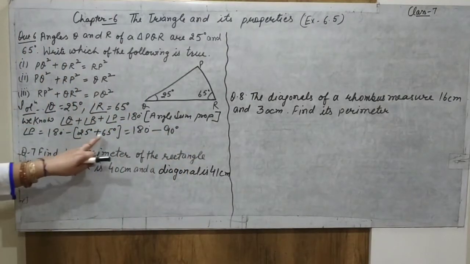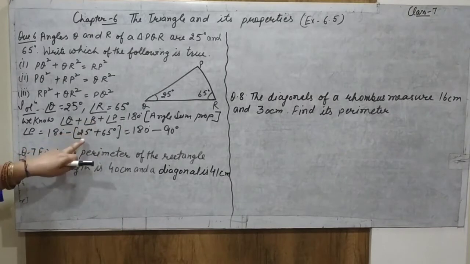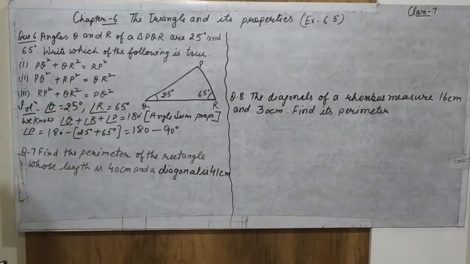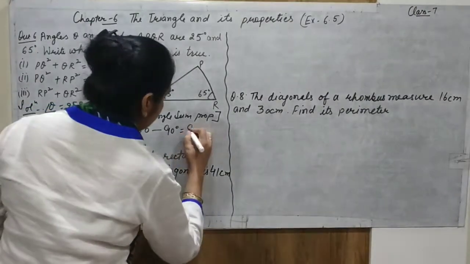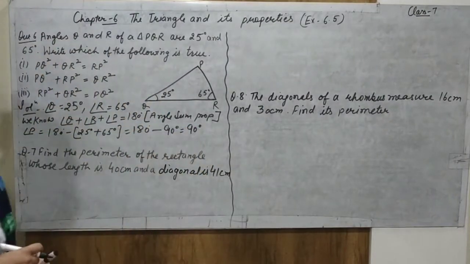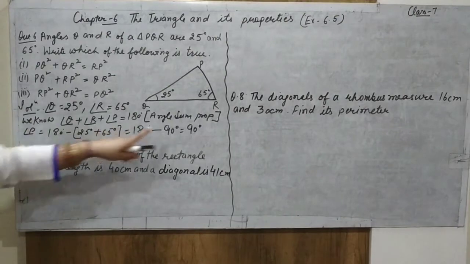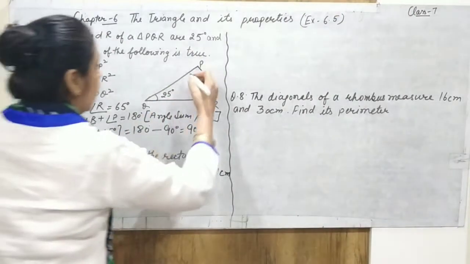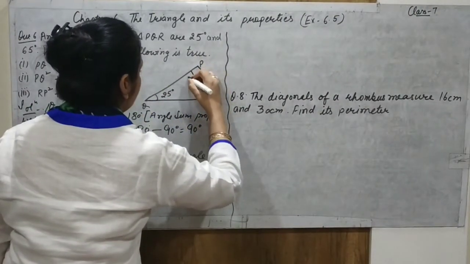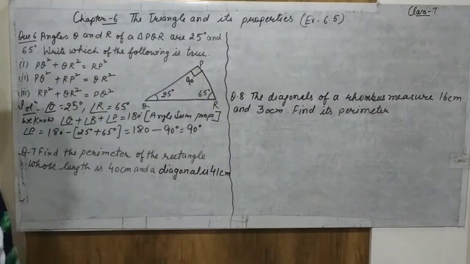So 25 plus 65, these two angles added and subtracted from 180, and we get angle P equal to 90 degree. So this angle is 90 degree.